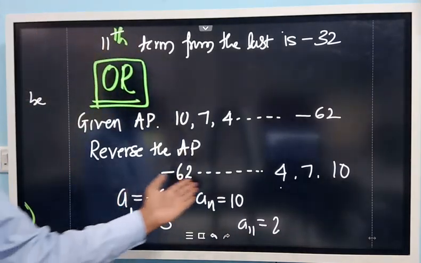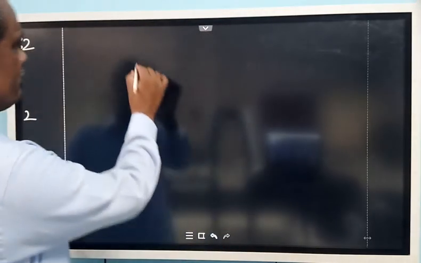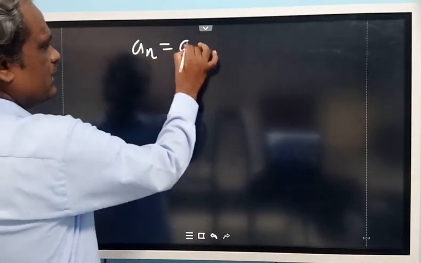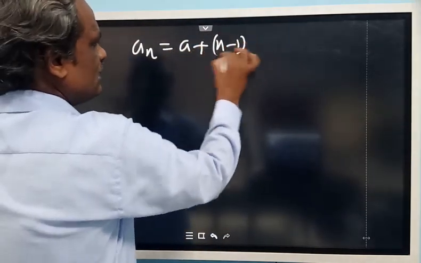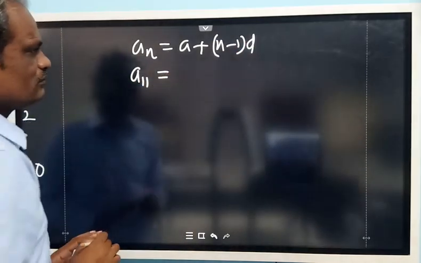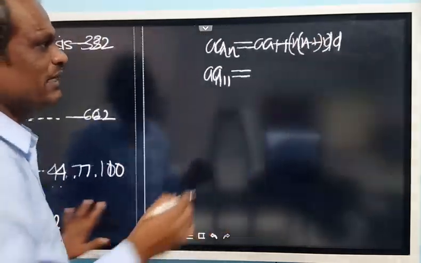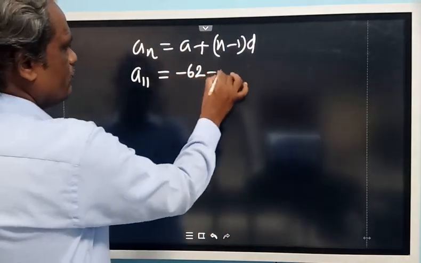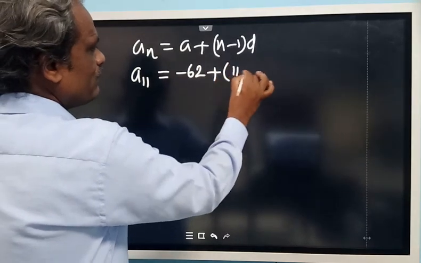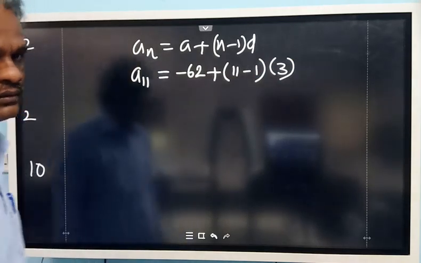The 11th term you can directly find from this direction. So let us use the formula: a_n is equal to a plus (n minus 1) into d. So a11 is equal to the a value, minus 62, plus (11 minus 1) into the d value, which is now positive 3.